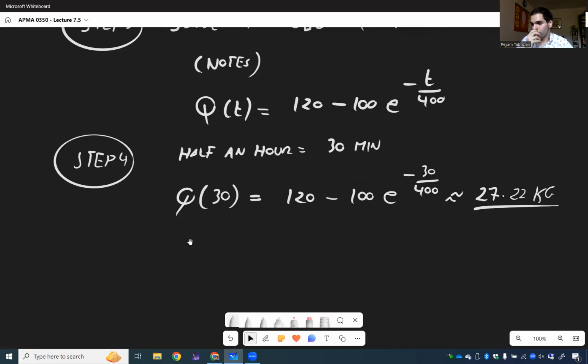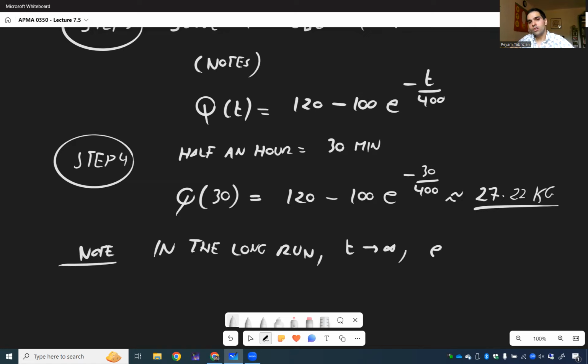So in the beginning, we had 20 kilograms, but because of the amount of salt going in, it increases to 27.22. The cool thing is also, if you look in the long run, if you want to see what happens as t goes to infinity, first of all, this exponential term goes to 0, because e to the minus infinity is 0, and so Q(t) goes to 120 kilograms.